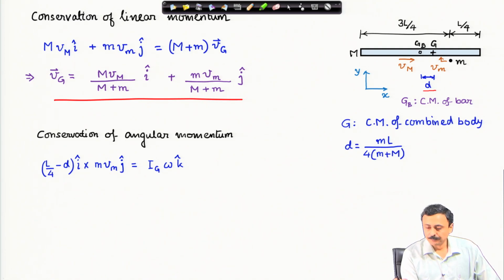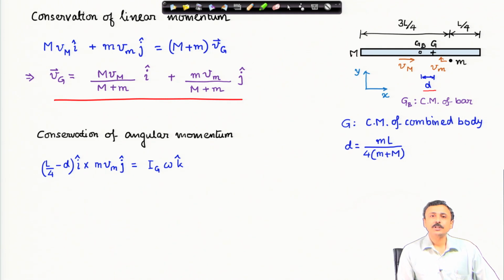If you look at the initial angular momentum of the bar itself, then it is 0, because for the velocity of the bar v sub M before the impact takes place, the moment arm about G is 0. Therefore, the angular momentum contribution from the bar's motion is 0.